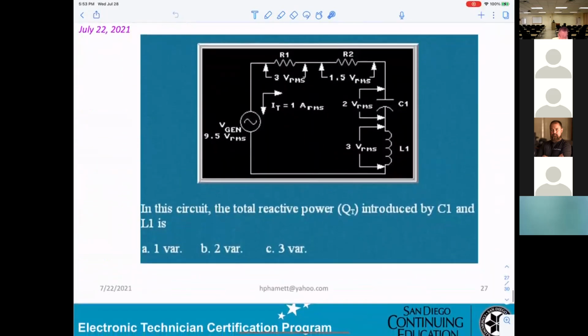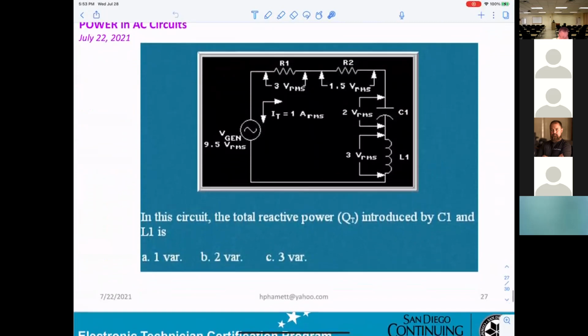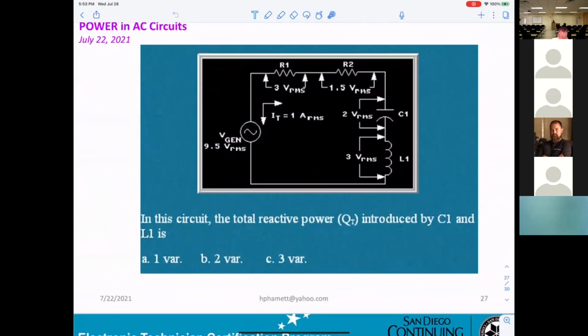Now, in this circuit, the total reactive power introduced by C1 and L1, A or B or C. And you understand the unit of the reactive power will be VAR.